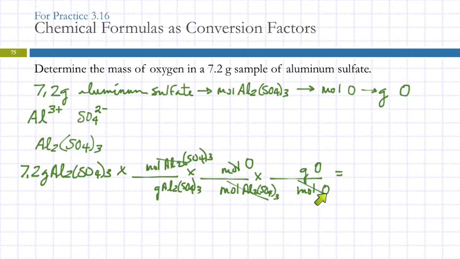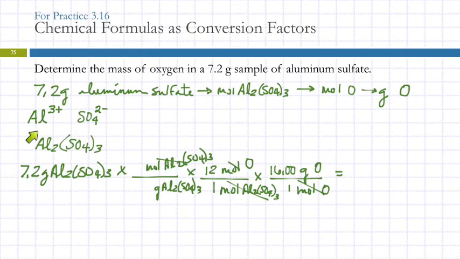So grams to moles of oxygen, how many grams does 1 mole of oxygen weigh? 16.00. What's the ratio of moles of oxygen to moles of aluminum sulfate? 12 oxygens to 1. We get that from this formula.